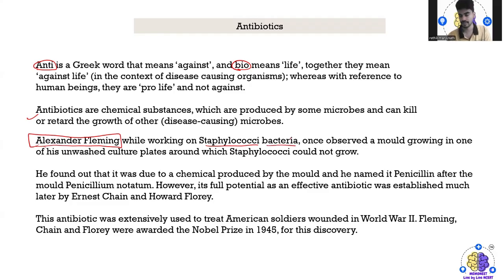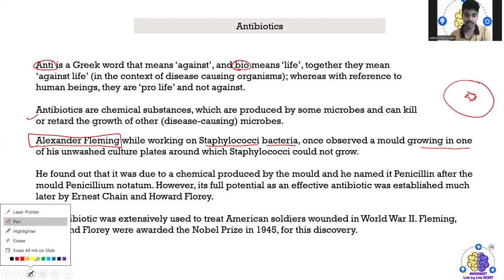While working on this, he observed a mold growing in one of his unwashed culture plates. If this is a culture plate, he observed a kind of mold growing in the unwashed culture plate.